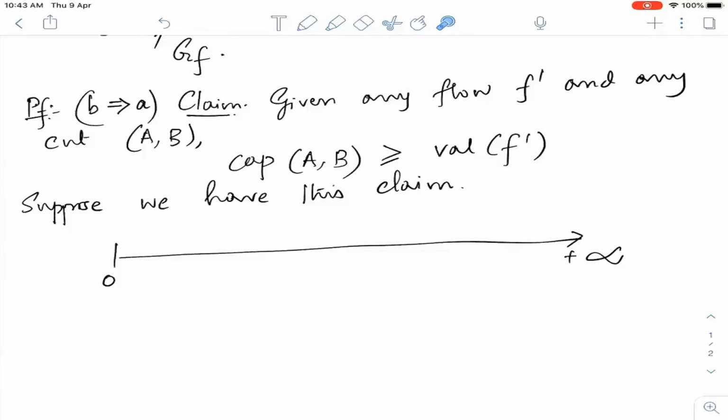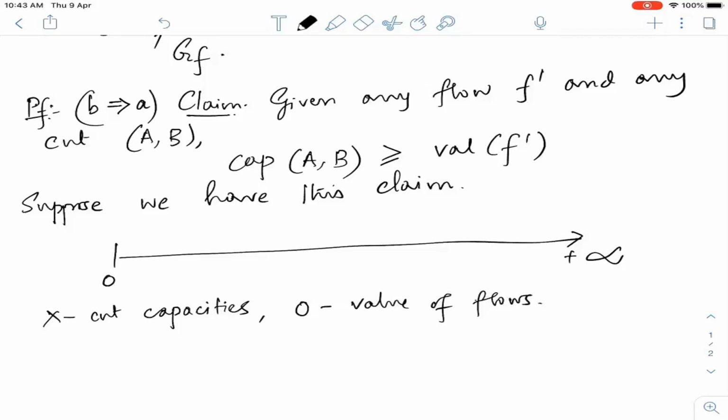So the question is, how should the crosses and the circles be distributed? Let's say the crosses denote the cut capacities. Yeah. And let's say the circles denote the value of flows. Okay. So my question now is, how should the crosses and the circles look if I project them on this real line?